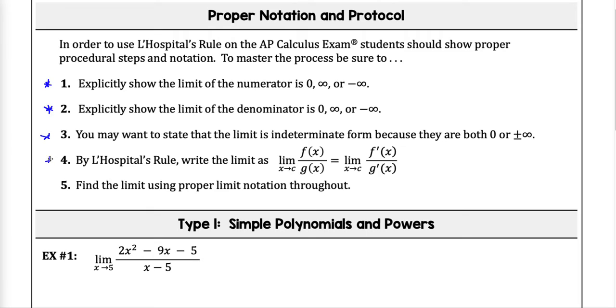Then you have to state that you're using L'Hopital's rule. And then you can get an answer. I'm not the one grading these, so I can't have an opinion on it. I'm just letting you know that this is, for whatever reason, what they're looking for.